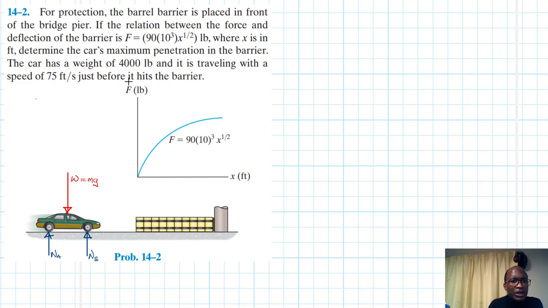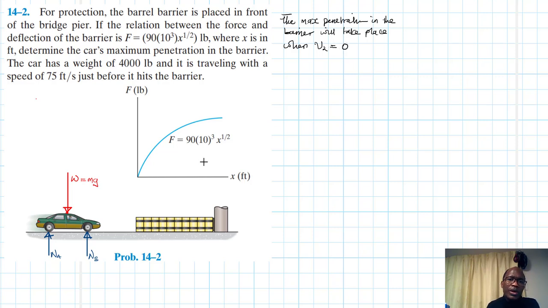The maximum penetration, so let me write here, the maximum penetration in the barrier will take place when V final, or V2, is equal to 0.